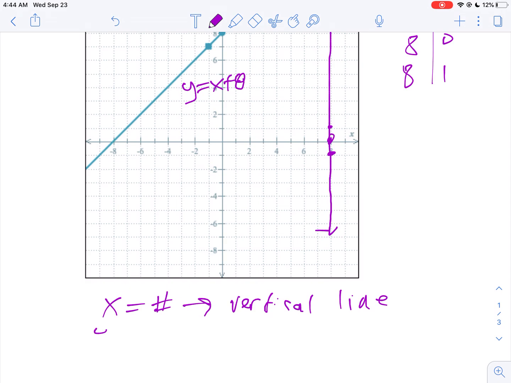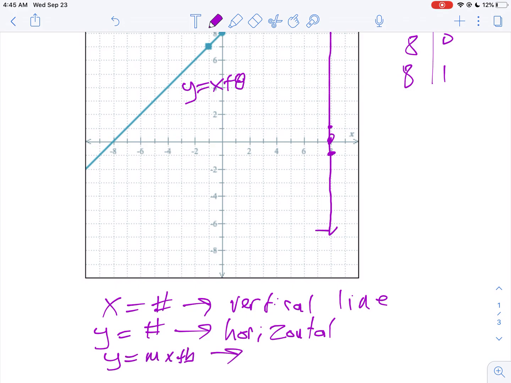If it's y equals some number, that's going to be a horizontal line. If it's y equals mx plus b, that will be your diagonal line, which is what you graphed. So you got a little confused there.